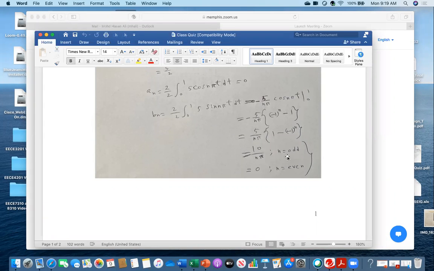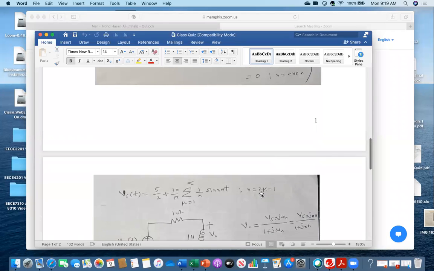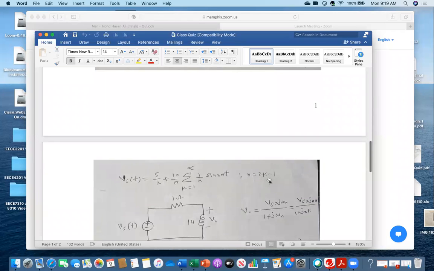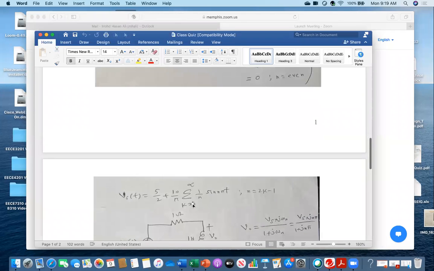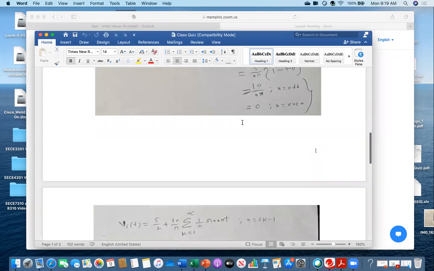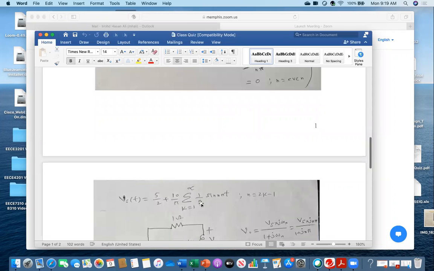Yeah, I got that. I just didn't for n. Okay, you got 2k minus 1 and I got 2k minus 5. No, it should not be. So therefore, you see here, it depends on how you wrote. Here I am writing 10 over n, exactly this thing, and I took n over n here.